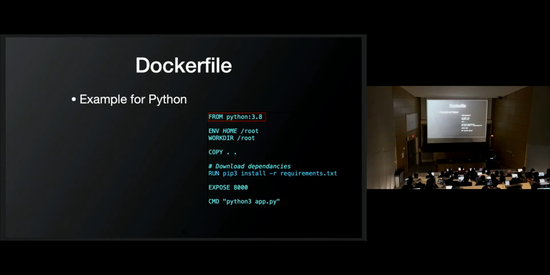We use pip and then a requirements.txt, typically in Python, to get all those requirements. Expose your port, and then these quotes are optional. I put them here, but not in my other one, for what it's worth. And then CMD python3 app.py, assuming your server file is called app.py. It might be called server.py, whatever it's called, run your app.